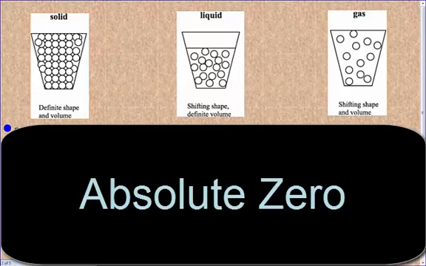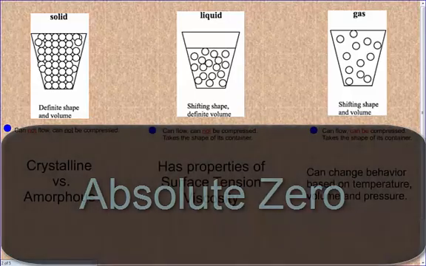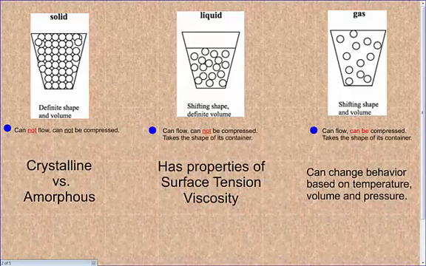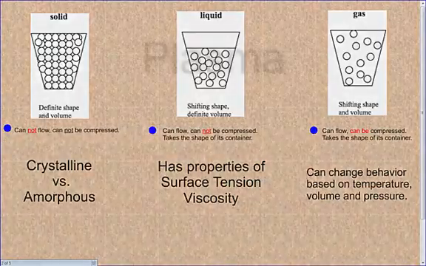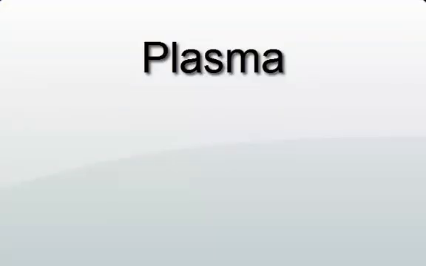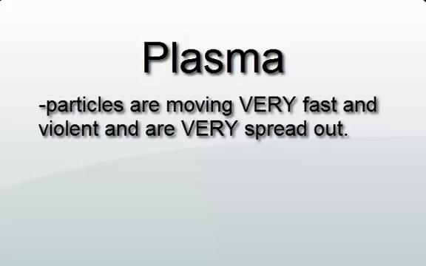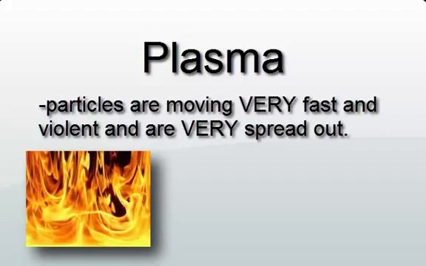There is one other state of matter after gas, and that's called plasma. In the plasma state, the particles are shaking very violently and they're very, very spread out. So it's kind of like gas, but those particles are spaced even further apart. Your examples of plasma would be fire, or the sun.